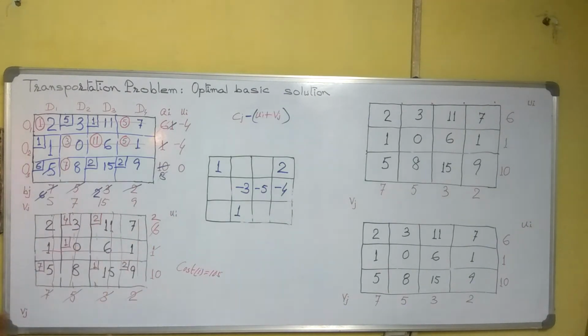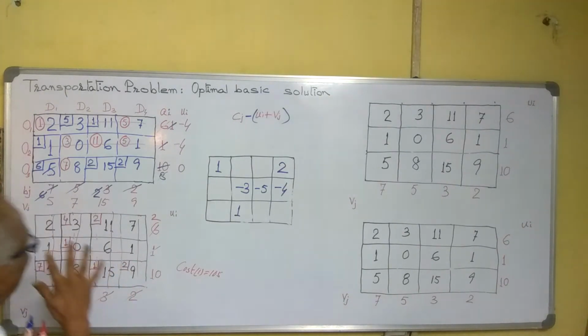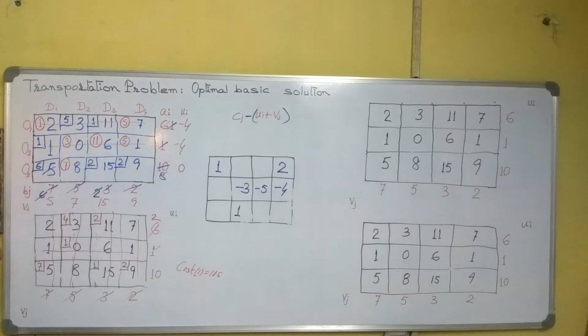So in this way, now we got a new basic feasible solution. Once again, 1, 2, 3, 4, 5, 6, 6 cells are allotted, so it is a basic feasible solution. Always after doing it you can check it. 4 plus 2 is 6, 1 is 1, 7 plus 1 plus 2 is 10.